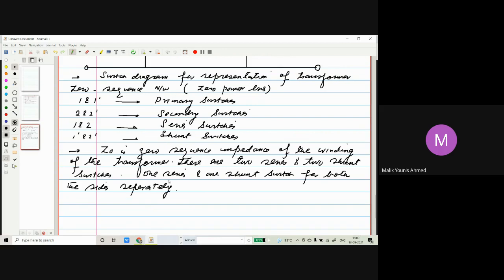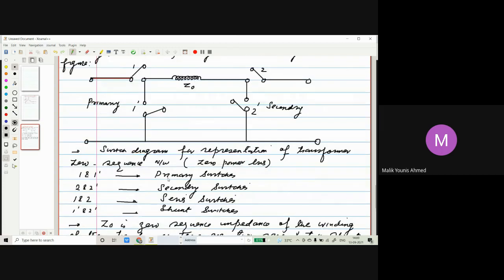So we have seen one shunt is on the primary side, one series is on the primary side, the second shunt is on the secondary side, and the second series on the secondary side.